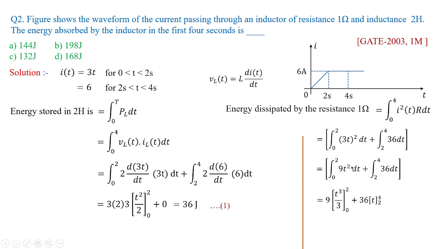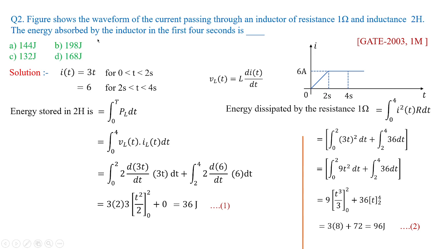This will give you 9 getting outside, t square integration becomes t cube by 3, the upper limit is 2, the lower limit is 0. And when 36 goes outside, the integration is applied to dt, so it becomes t, upper limit 4, lower limit 2. So this substitution will give you the value as 96 joules. And this I am framing as equation 2.